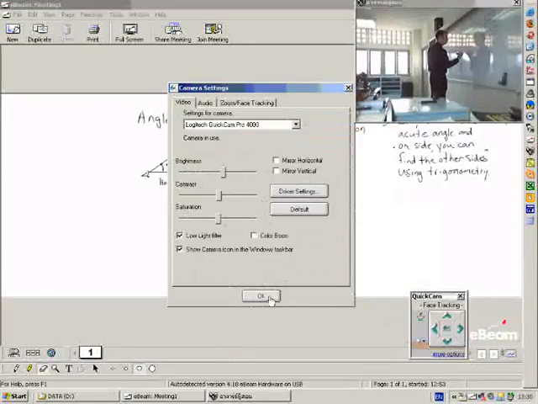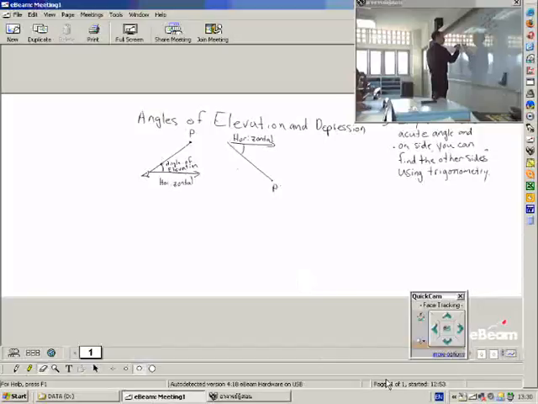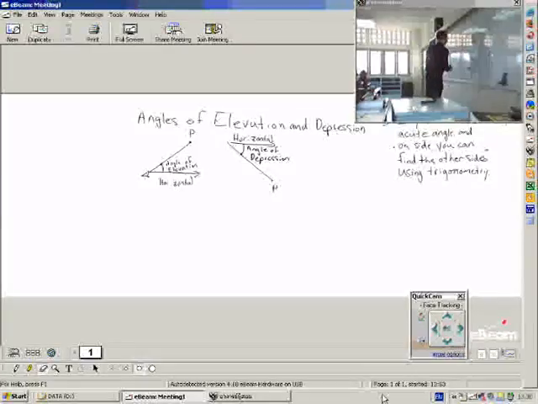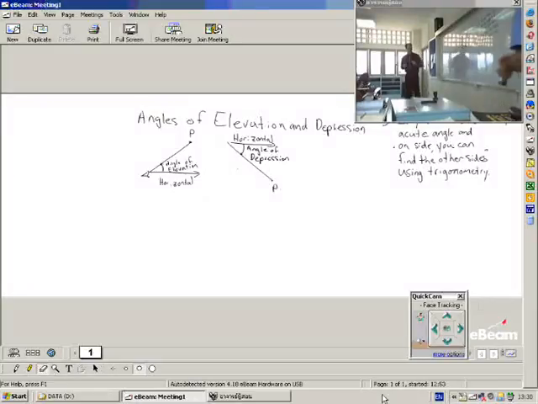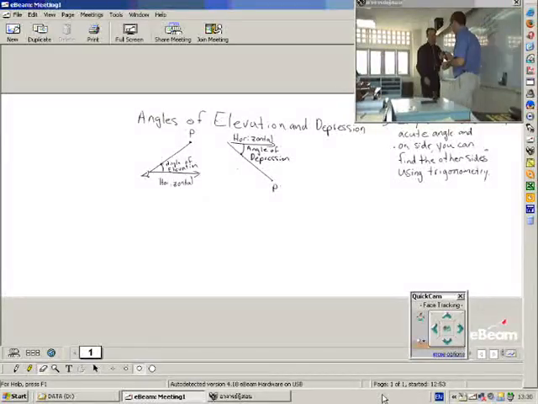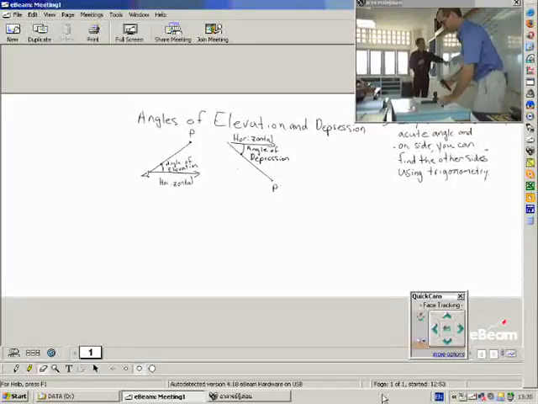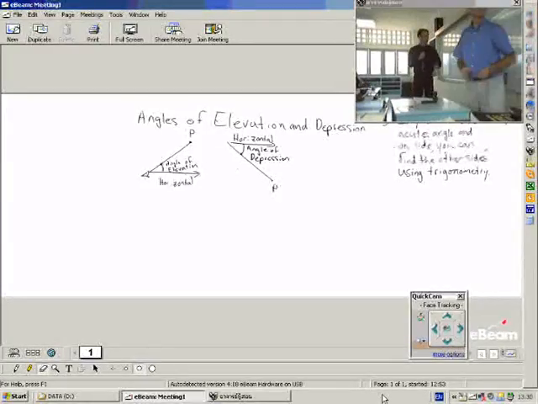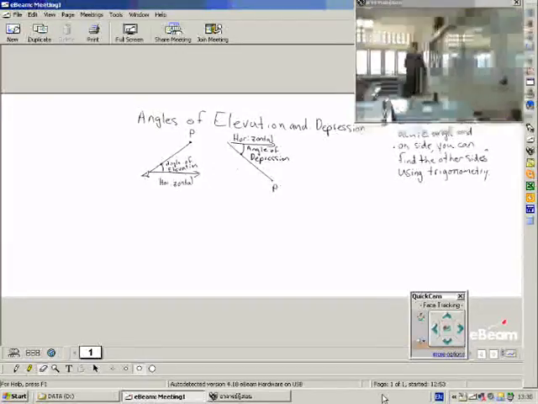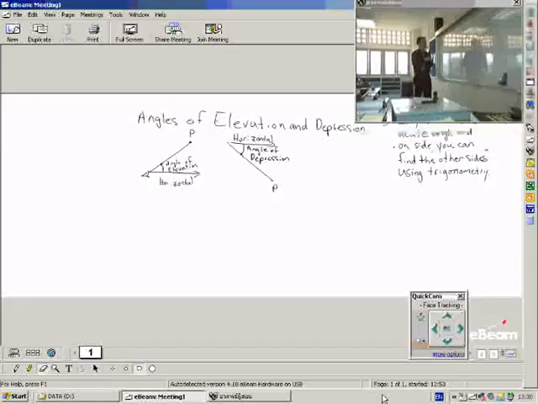An angle of elevation is when you look up at a point, measured from the horizontal. Both of these angles are measured from the horizontal.